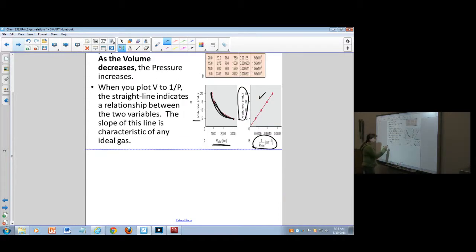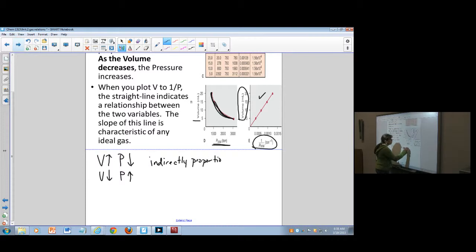All right, so basically, here's how this works. If the volume increases, the pressure decreases. All right, or if the volume decreases, the pressure increases, because they are indirectly proportional. Now remember, we're holding N and T constant in this case.